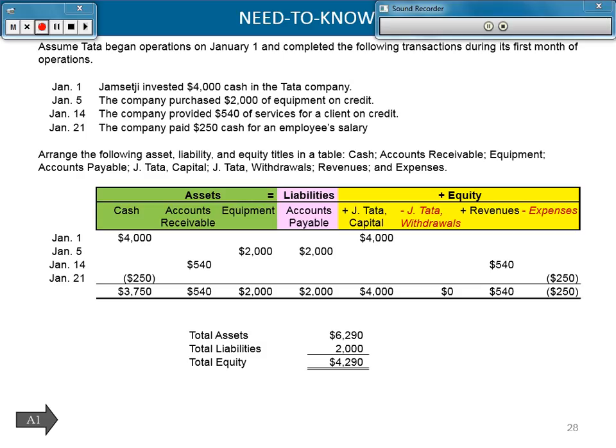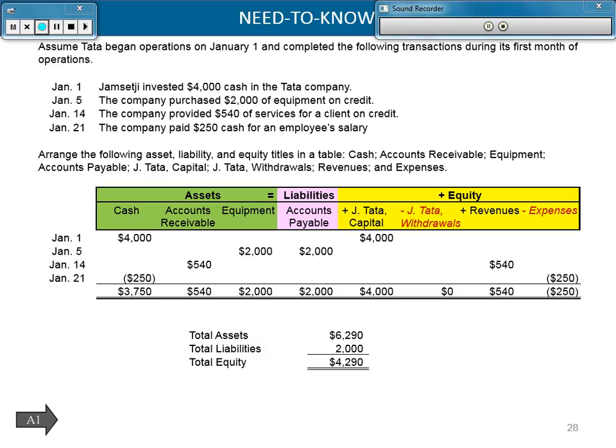Capital, because anytime an owner invests in a company, that is considered capital. January 5th, the company purchased $2,000 of equipment on credit. So where did the $2,000 go? What account increased? Equipment, because you did purchase equipment. And what else? Accounts payable, to be paid sometime in the future.